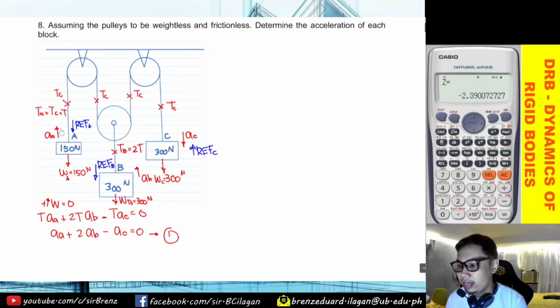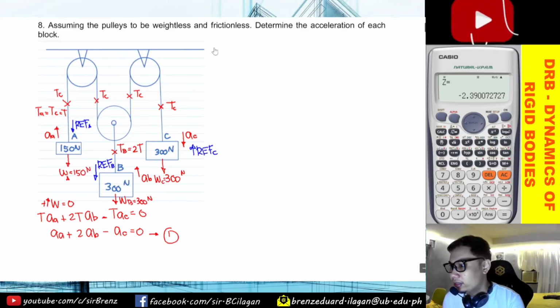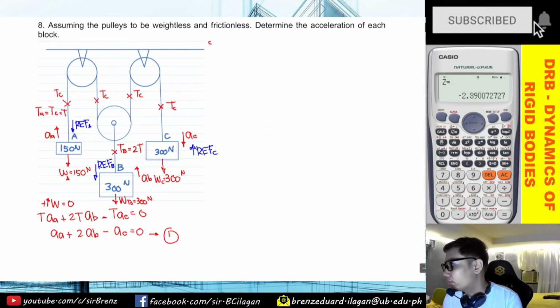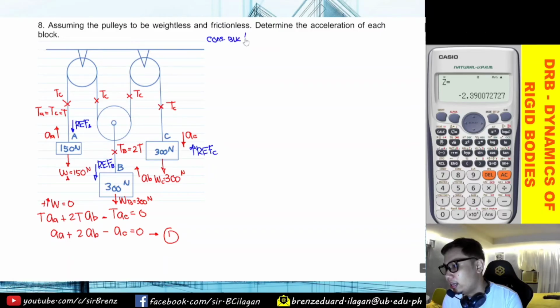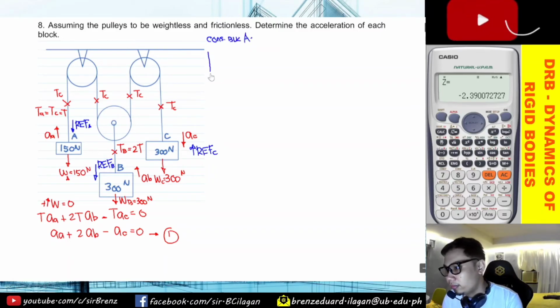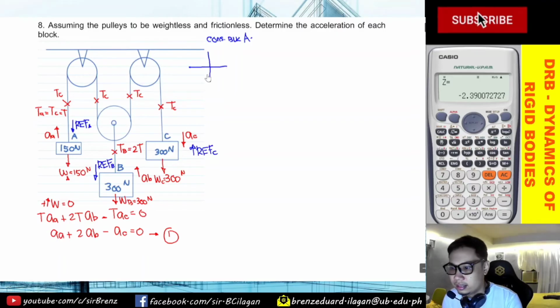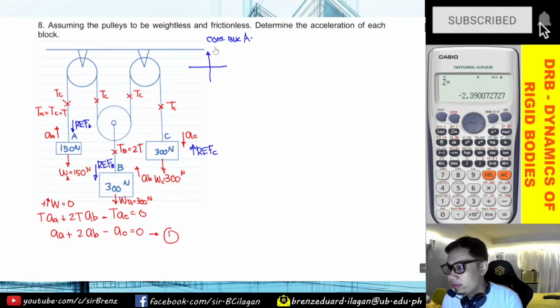So, ayan. Gawan mo lang ulit ito ng equation. So, considering block A muna. So, unahin natin yung block A. Draw X and Y axis. So, ito, meron ka force T dito.